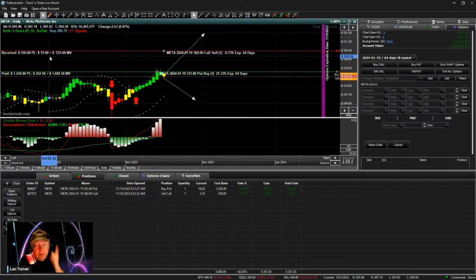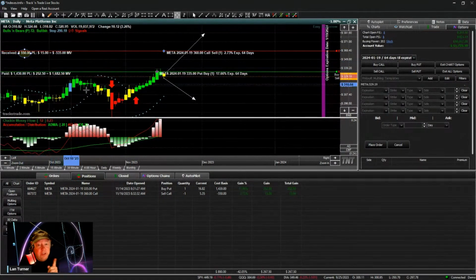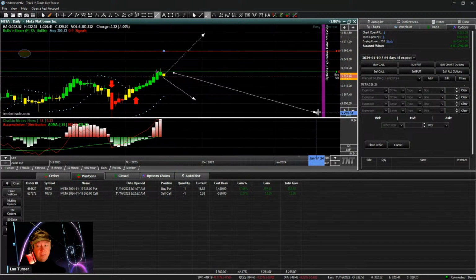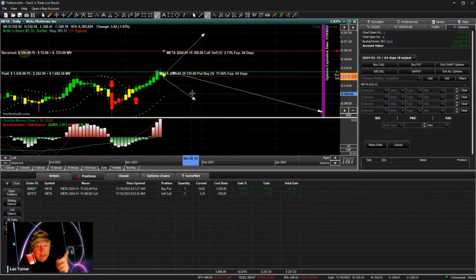Oh, the maximum amount of money you can make when you sell a put, though, is the premium, that $550. All right. Because the profit potential of your call option is unlimited. You paid, in this case, we bought a put, so we paid $1,430, and however far this market can fall before that purple line, that's how much money you can make. Unlimited profit potential.